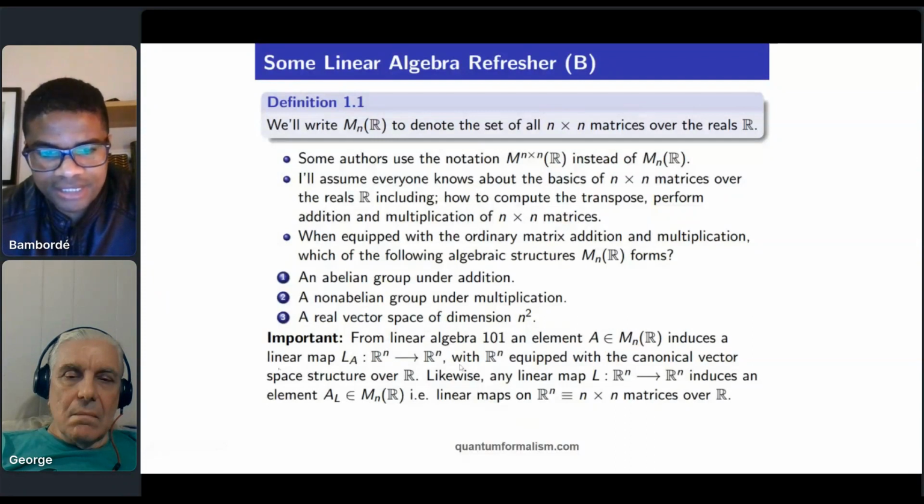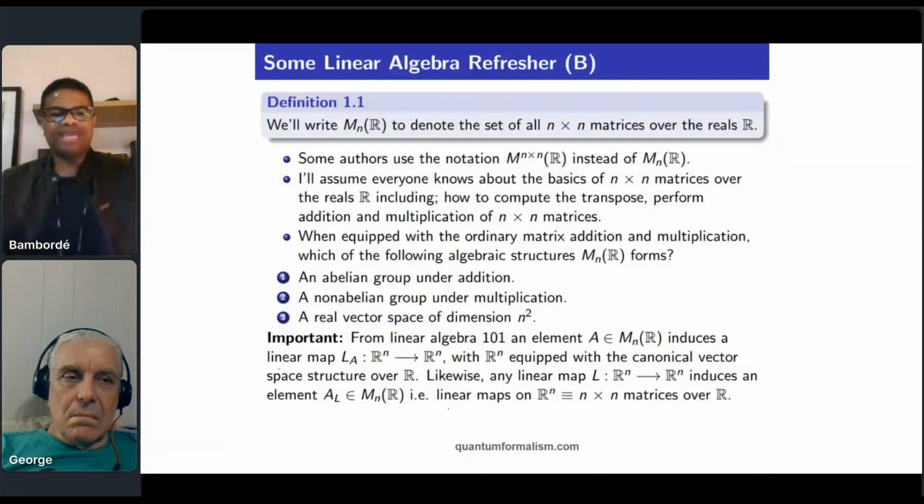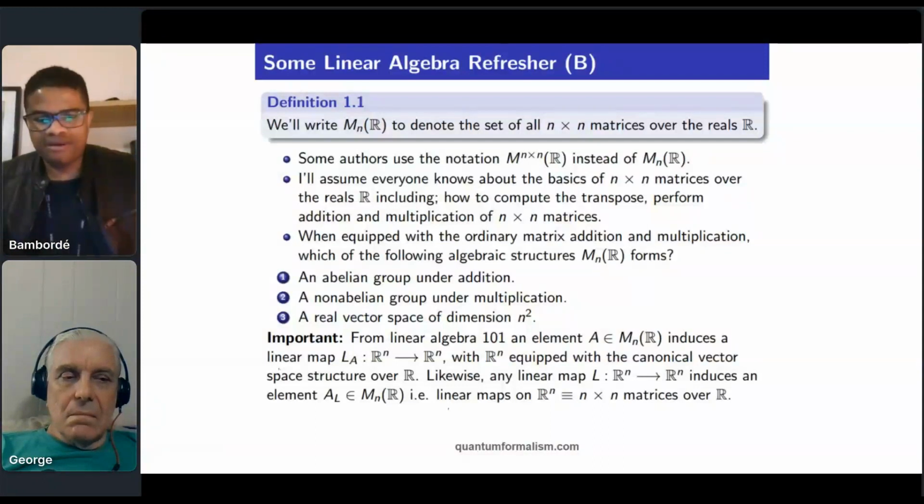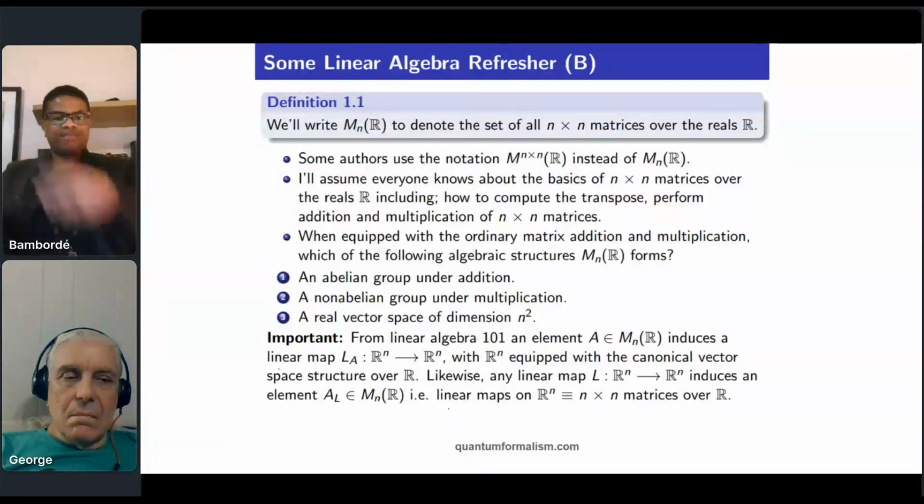So this is essentially telling us that linear maps on R^n are the same thing as n by n matrices over R.